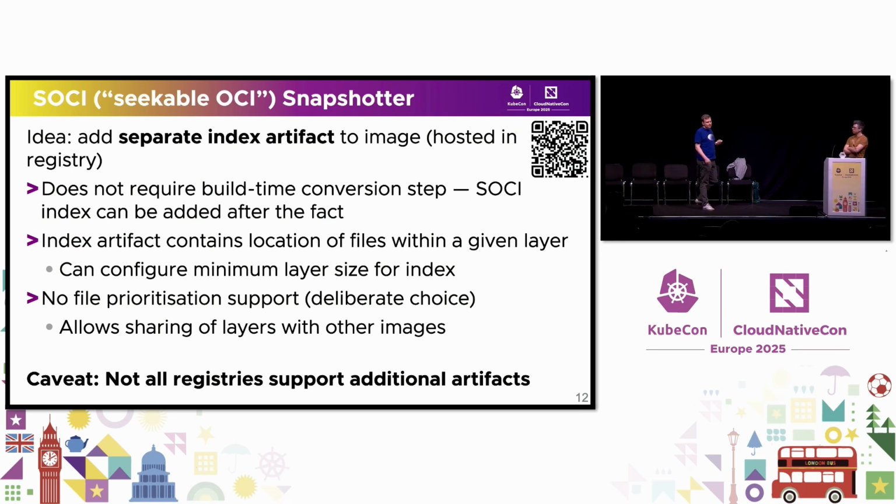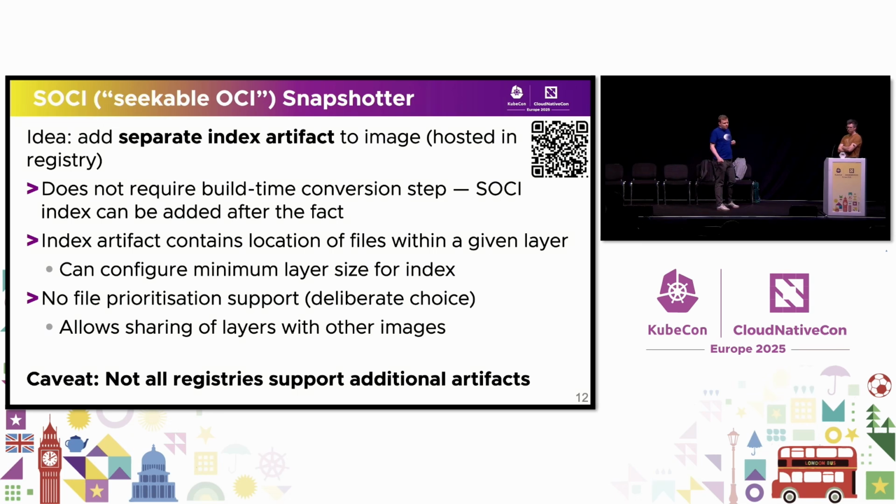That has the big advantage that you do not require a build time conversion step, and you can add this index artifact after the fact. So you basically just have a job, or a command, that analyzes the image and then adds the information about where the files are that you need to extract from each layer, as some kind of index artifact or manifest in parallel in the registry.